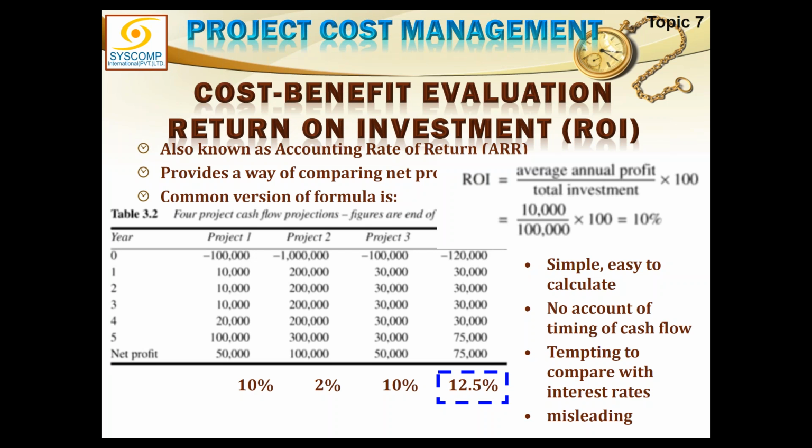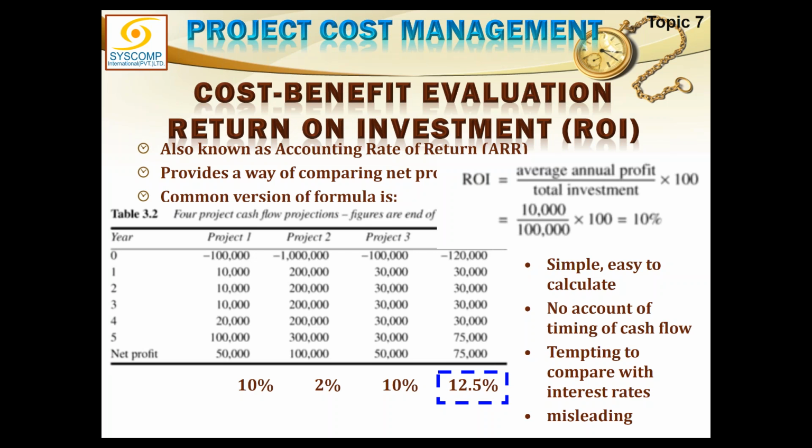But if you look at it closely, even this is not a very good method, although it has considered the investment amount in computing the ROI for each project. But if you observe closely, yes, project 2 has been proven to be the worst project.